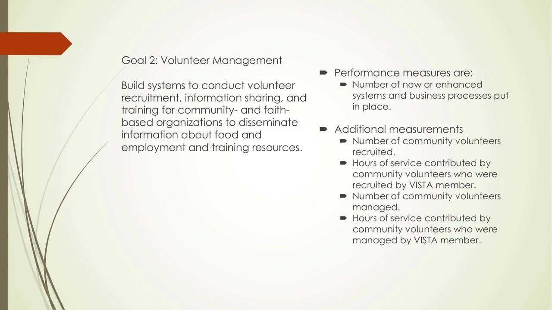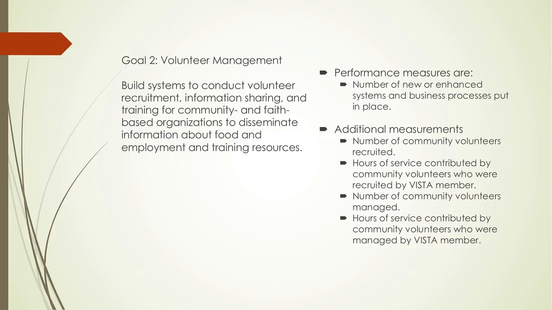All right, let's move on to volunteer management. So you can see on the left, that's the goal language. And the performance measure that's related to this is the number of new or enhanced systems and business processes put in place. Also, underneath, you can see additional measurements.